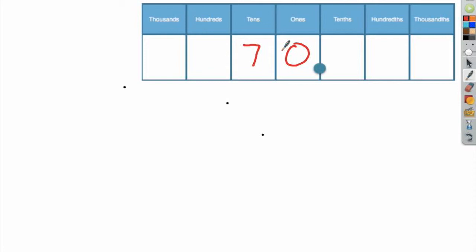Okay, I have that number, 70, right? And we know that every one of these places, in order to move over, what do I multiply by? You multiply by 100. Okay, if I want to go from this place to this place, I would multiply by 100.